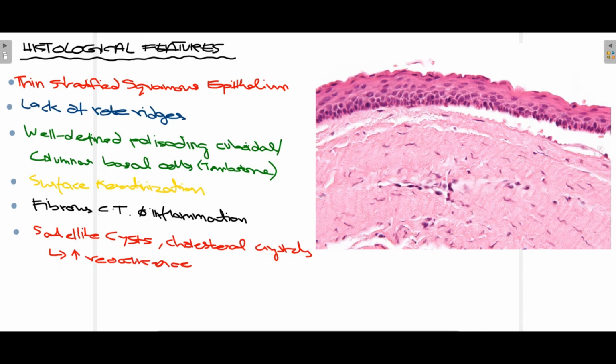So it is important to appreciate the importance of satellite cysts. Cholesterol crystals are also present in the OKC, and cheesy material is present in the cyst cavity.